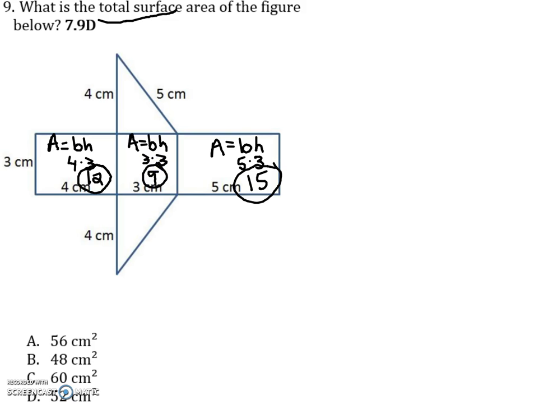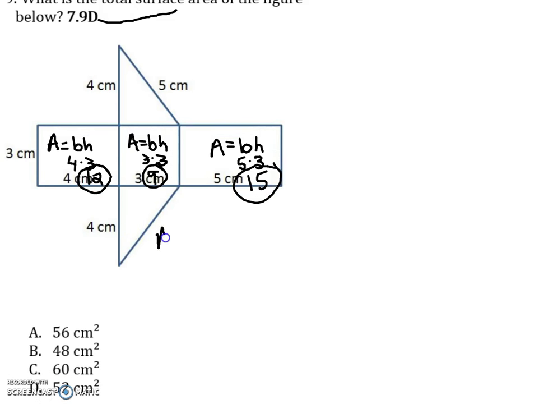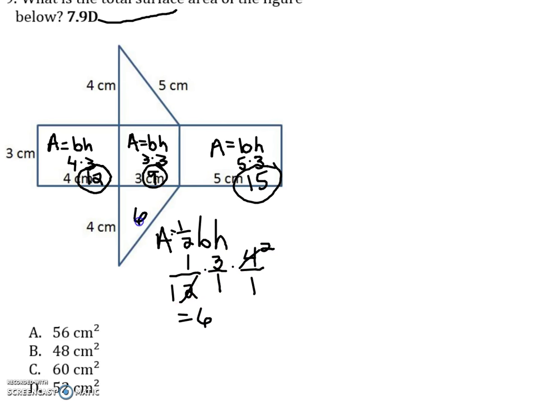All right, and then lastly, we need to do the triangles. So the triangles are both the same dimensions. Its area equals 1/2 base times height. So we have 1/2 times 3 times 4. I can simplify the diagonal. Top times top, bottom times bottom. I get 6. If this is 6, this is 6.